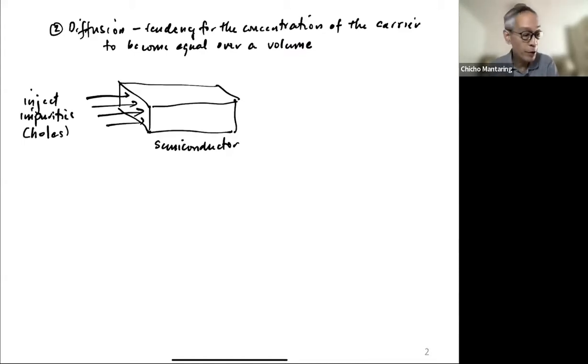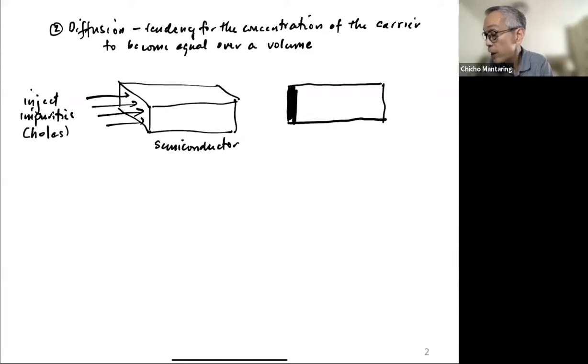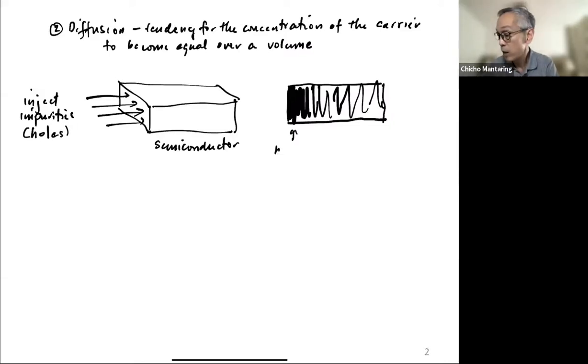So after a while, what's going to happen to the concentration of the impurities in the solid? Okay, because of diffusion, this is what's going to happen. Here you have a high concentration of holes.